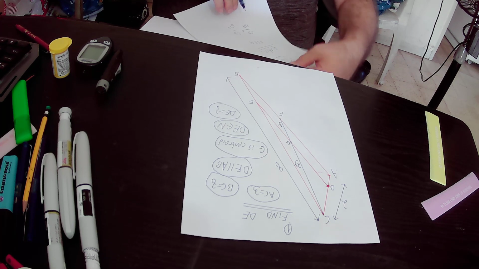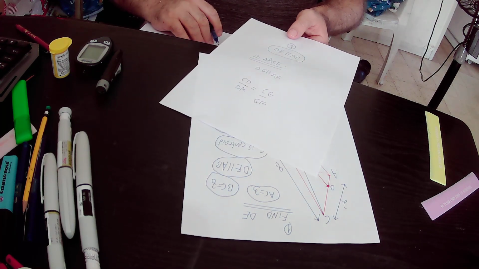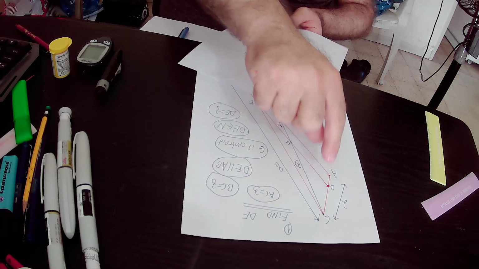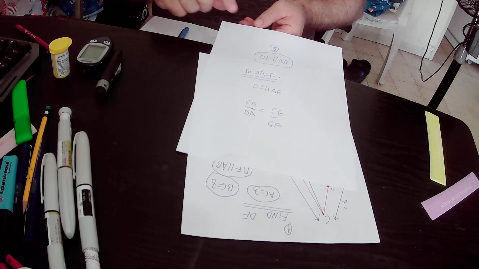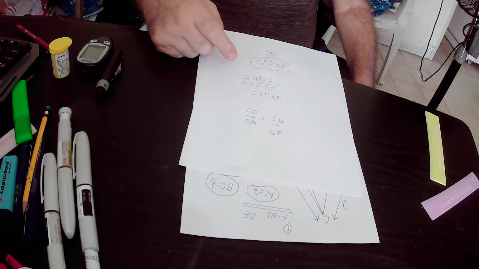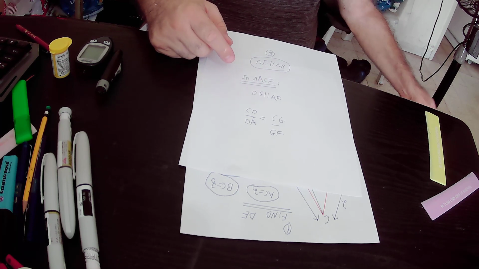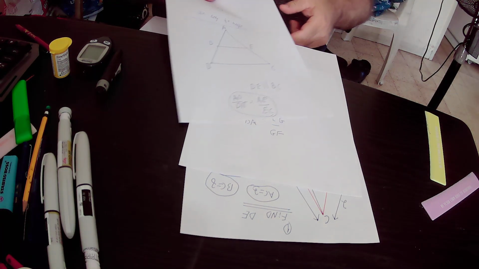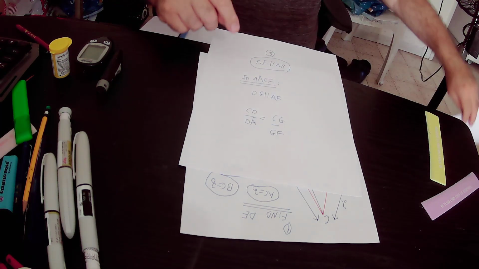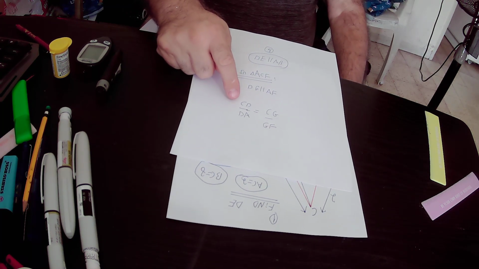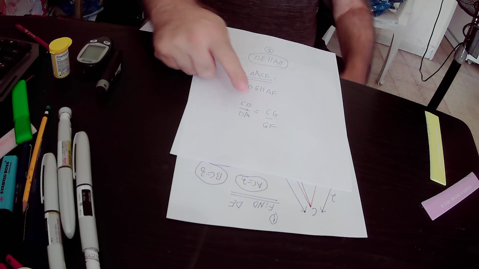I will repeat again. In triangle ACF, we know that DG is parallel to AF. Therefore, according to this rule, we can conclude that CD over DA equals CG over GF.